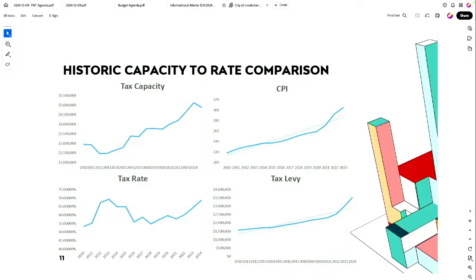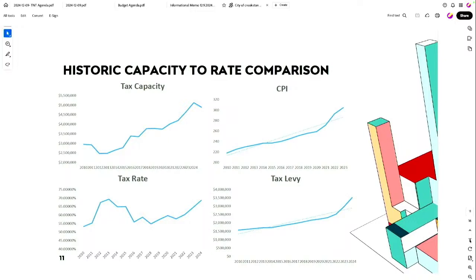And that was about 3.5 million. For 2025, our tax capacity, you'll notice this went down. Our tax capacity in 2025 went down to 4.8 million. Our real estate in the city lost value. We lost, at 68%, we lost about $164,000 if we would have kept the tax rate level.